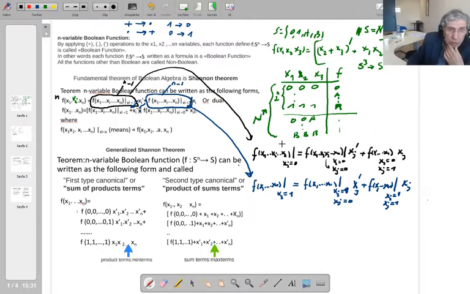Because the first step, the Shannon theorem, takes one of the variables out. So if I apply the same theorem for each variable, x1 out, x2 out, xj out, xn out, you're going to take all the variables out. What is going to be left is some coefficient multiplied with product terms.